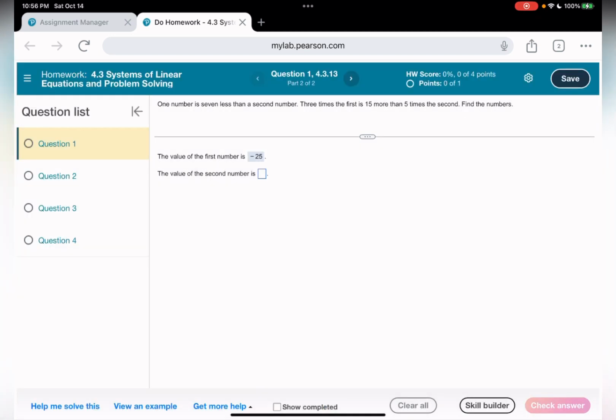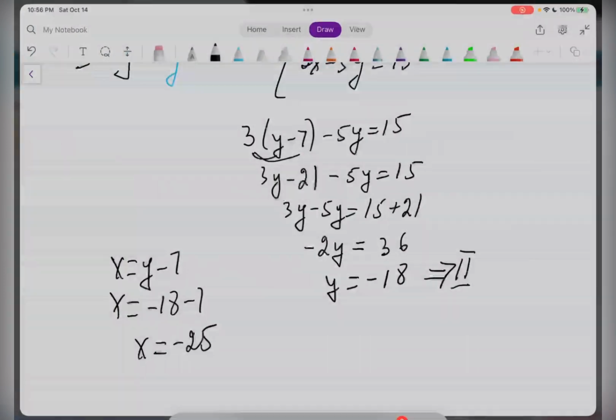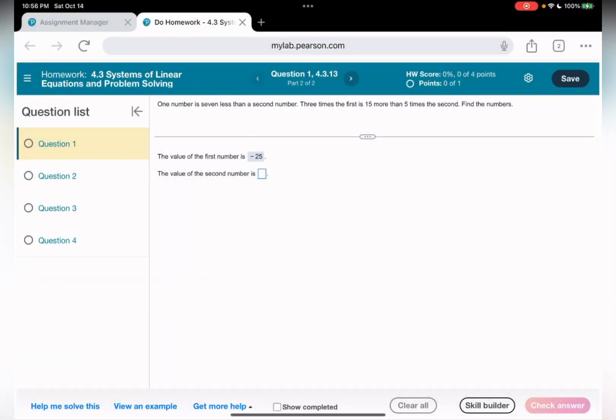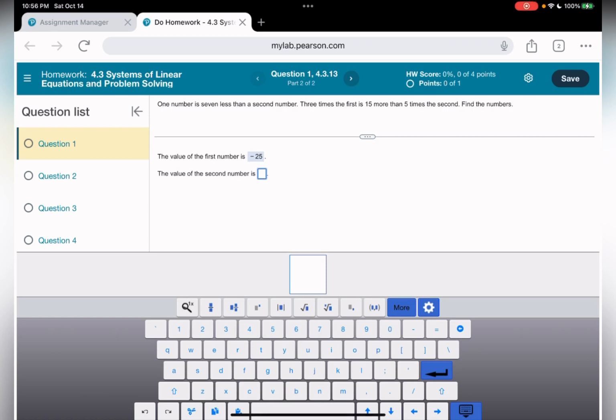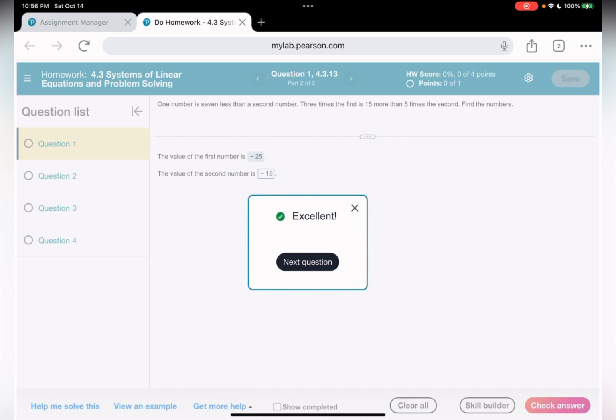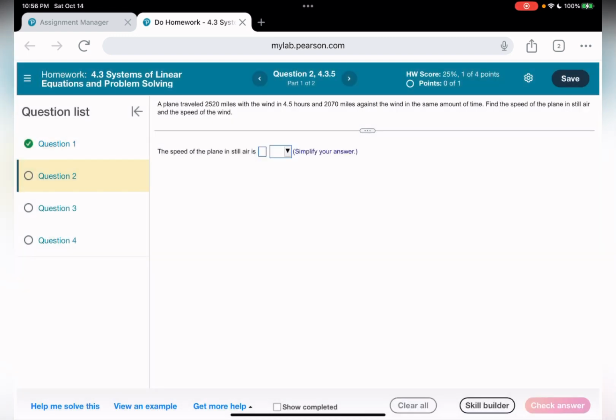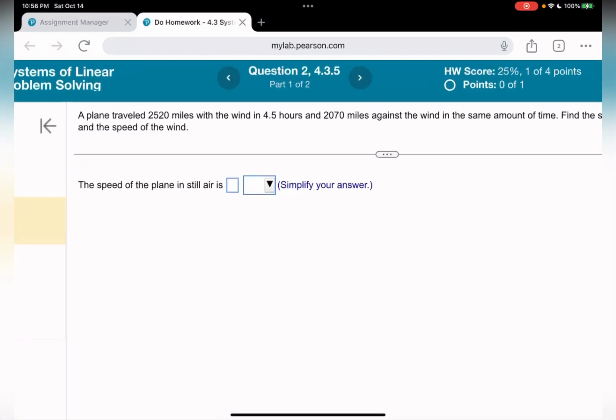And the other one is negative 18. All right, very good. Let's solve the next one.